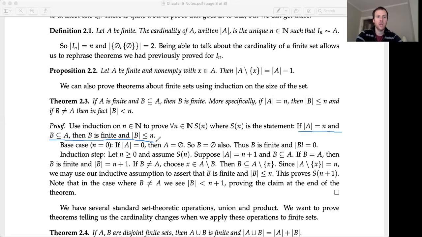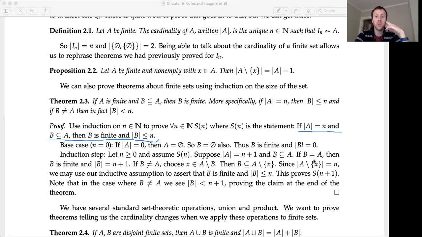Then we want to show that it's true for the next number. So we have this blue underlined fact as our assumption, and then assume we have a set A of size n plus 1, and B is a subset of it.